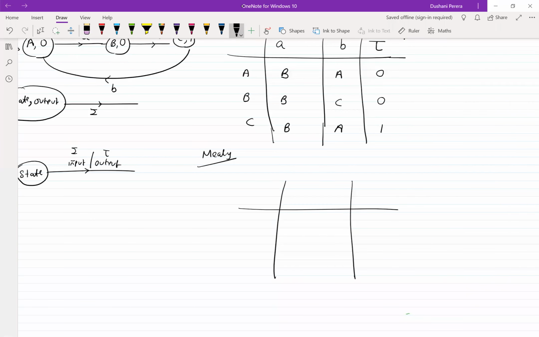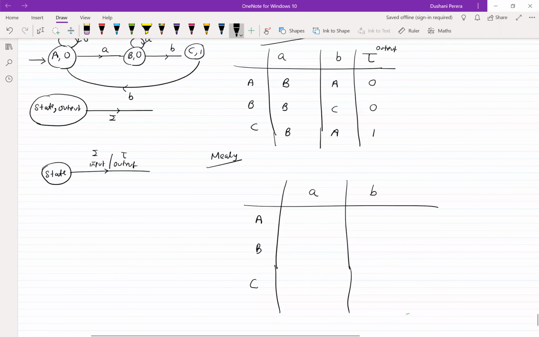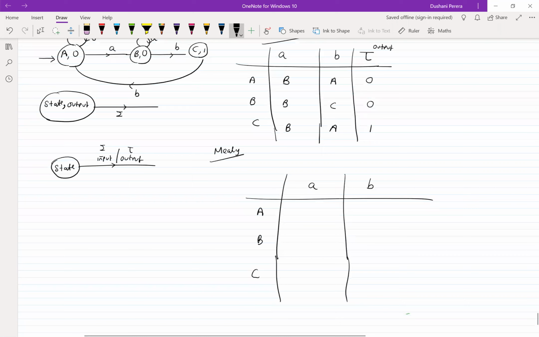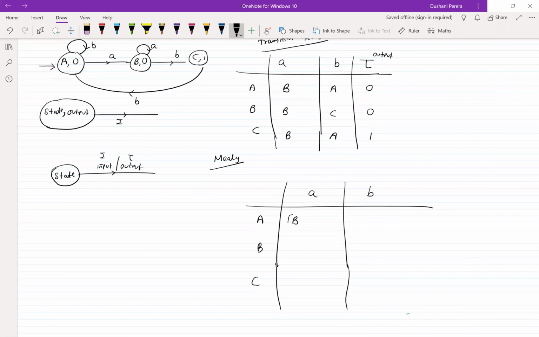So output symbols are A and B. So you have states A, B, C. Okay, right. Now think what happens. When you're at A, when you see small a, you have to go to B. Okay, when you're at A, now look at this diagram.